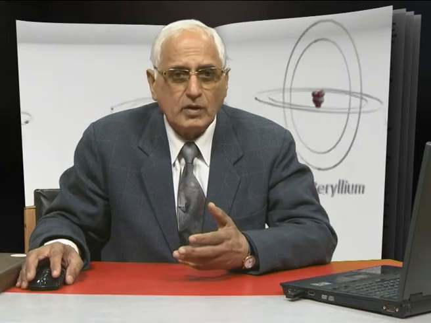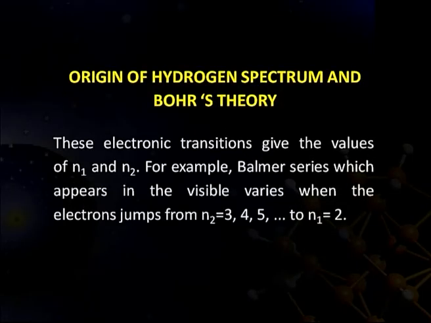Evidently, the electrons in higher energy levels are relatively more unstable than in lower energy levels. Therefore, these electrons come back to their ground energy level, n is equal to 1, or a lower energy level by emitting different amounts of energy. These electronic transitions give the values of n1 and n2.